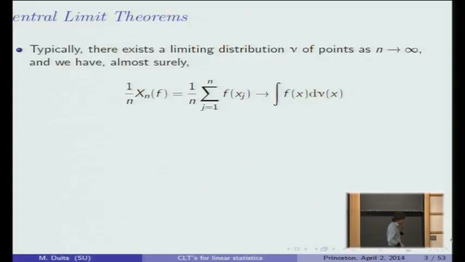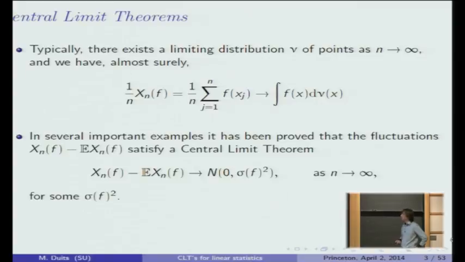Typically, if you want to study asymptotics for these linear statistics, the first step comes from the limiting distribution nu of the points. Suppose that, like in the unitary ensembles, we have a limiting distribution. Then 1 over n times the linear statistic converges to the integral of f against the limiting density. Once you're in that situation, it's natural to ask about the fluctuations of this system when n goes to infinity.